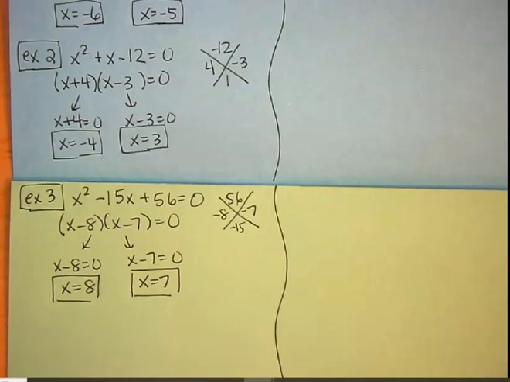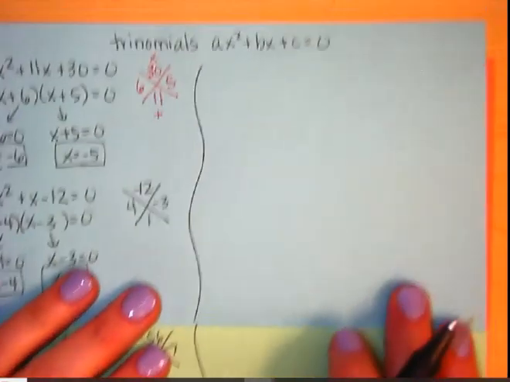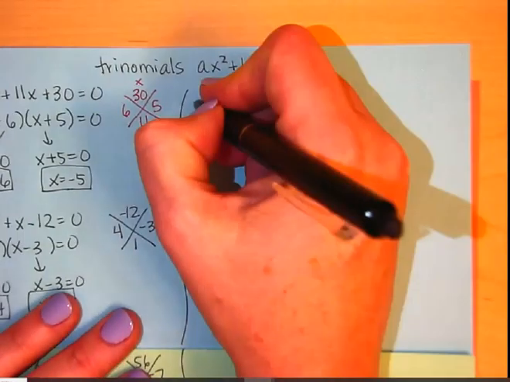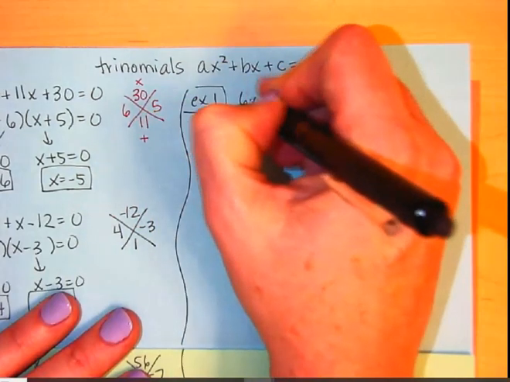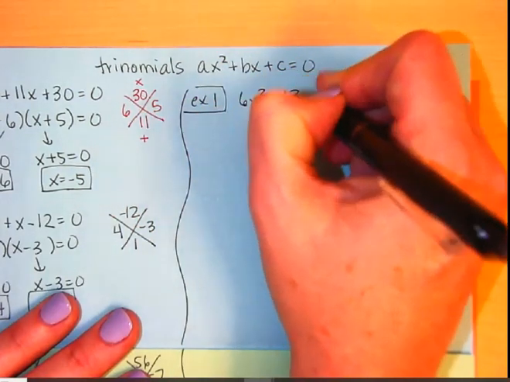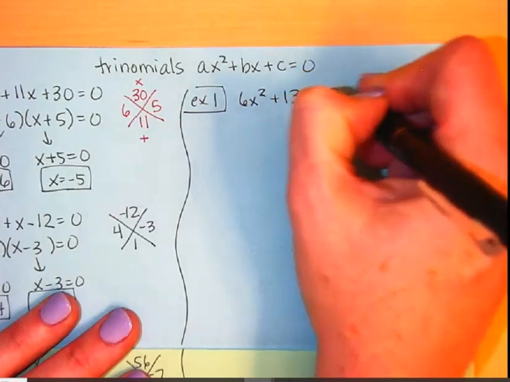All right, so on this right side, we are going to do examples when the a value is not 1. I'm going to do one example for you and then give you one to do by yourself. So example 1 here is 6x squared plus 13x plus 2 equals 0.